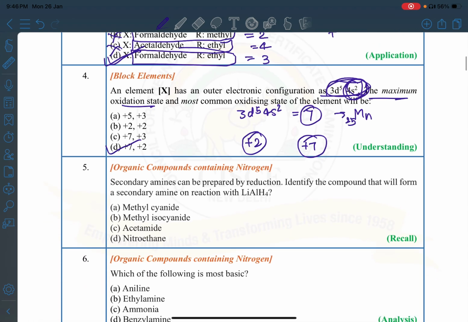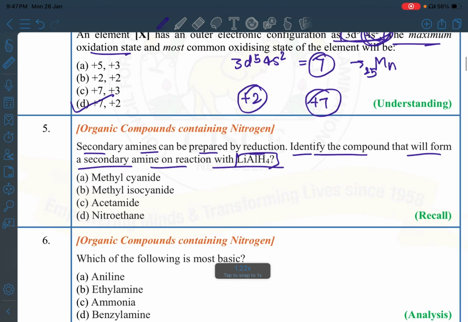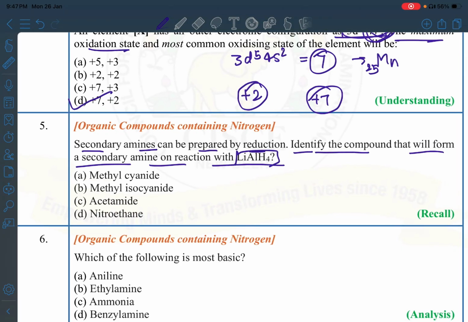Okay. Then, a secondary amine can be prepared by reduction. Identify the compound that will form a secondary amine on reaction with lithium aluminum hydride. So lithium aluminum hydride is a good reducing agent. It will reduce. Firstly we take methyl cyanide. It looks like this. Now after hydrogen, hydrogen, this bond breaks, and we get CH3CH2NH2, which is actually a 1 degree amine.